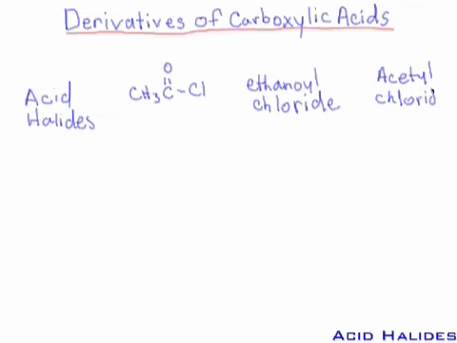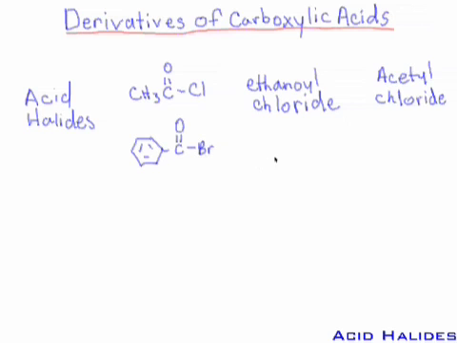If you look at it closely, however, you can easily see that they're named after the carboxylic acid, where the ic acid ending is dropped and replaced by yl chloride. But acid halides are not found as chlorides only. For example, you could have an acid halide that is a bromide.